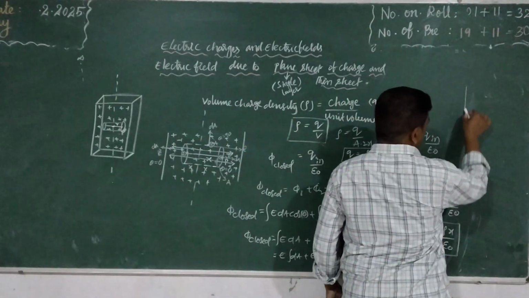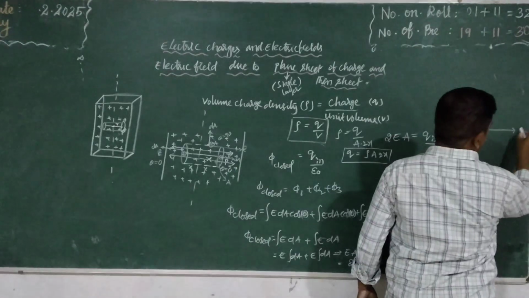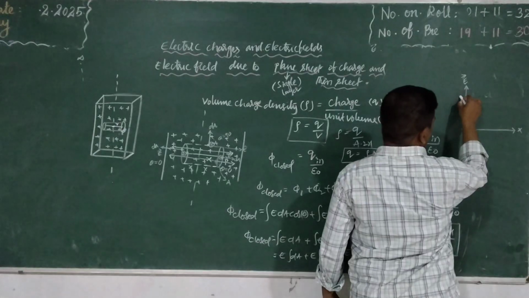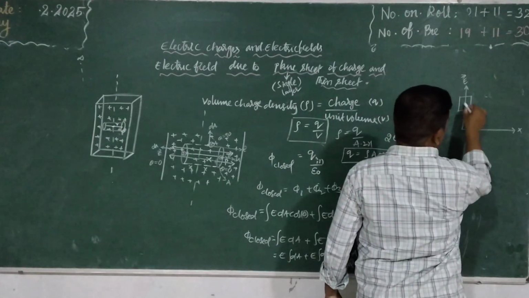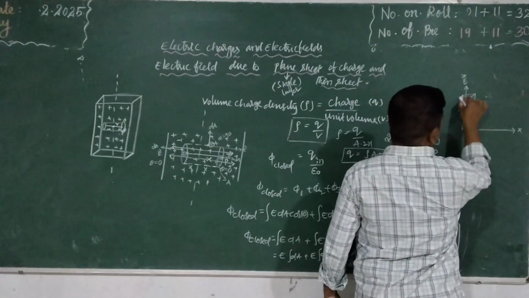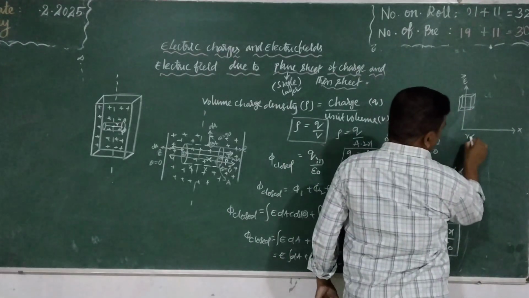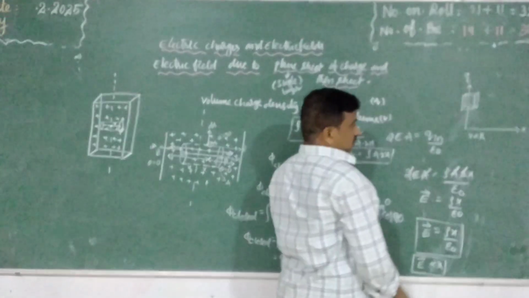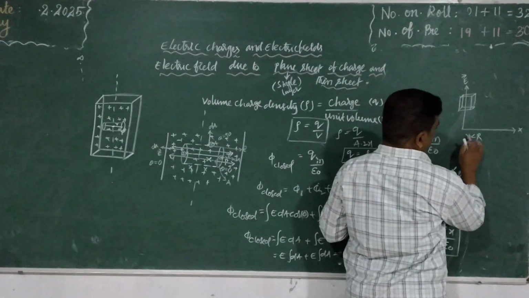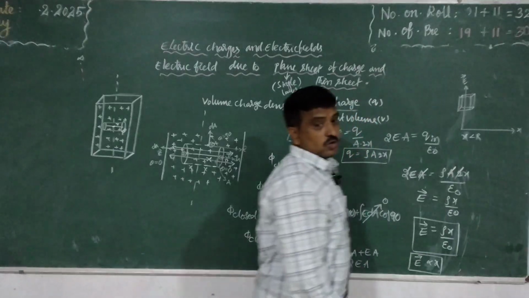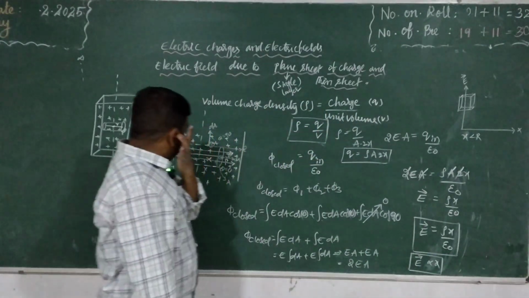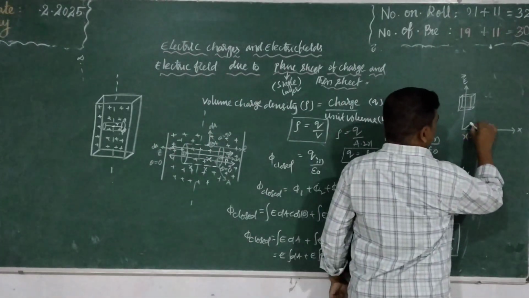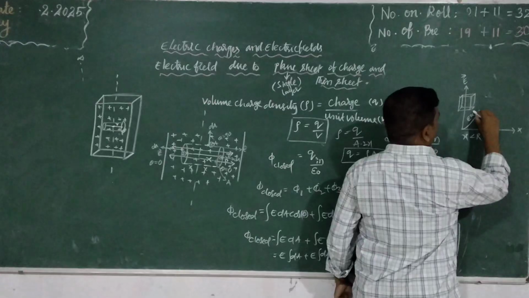See, this is the x axis and this is the y axis, and this is the thin sheet. Inside the thin sheet at distance x from the axis, x is less than R. Directly proportional means it increases, so E is proportional to x.